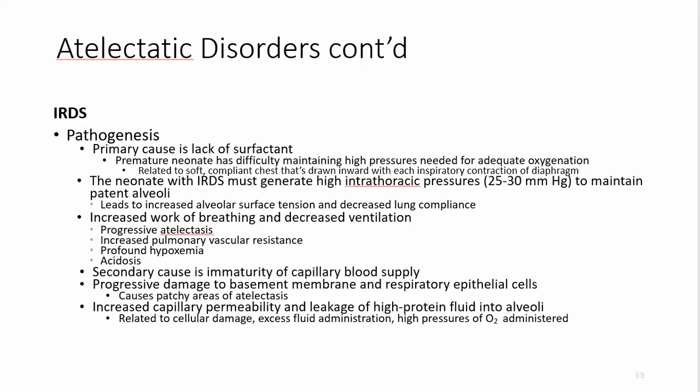There's very low compliance because of the lack of surfactant. And it's more so even in infants than a lack of surfactant in adults, because the baby's thoracic cage is very soft. And so in the effort of trying to inflate the lungs, it will actually draw the ribs in, and the chest wall becomes too compliant.